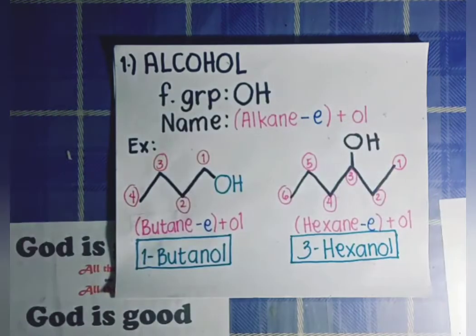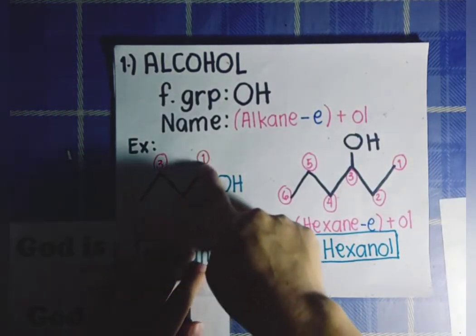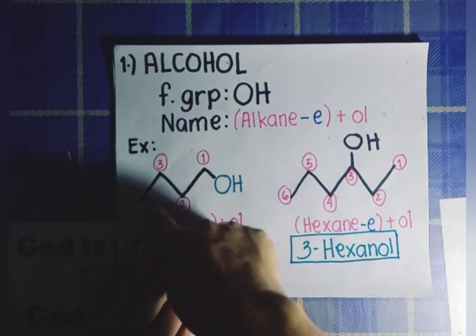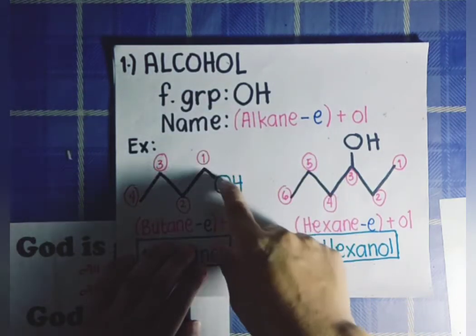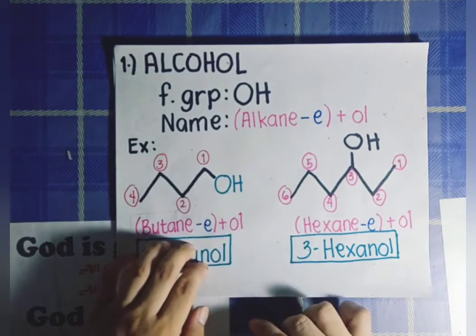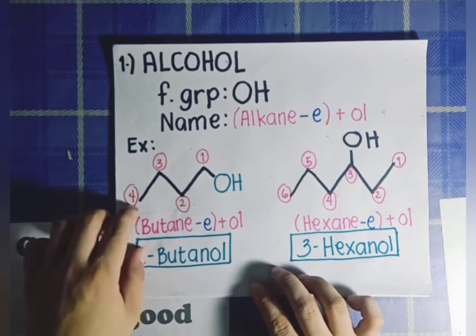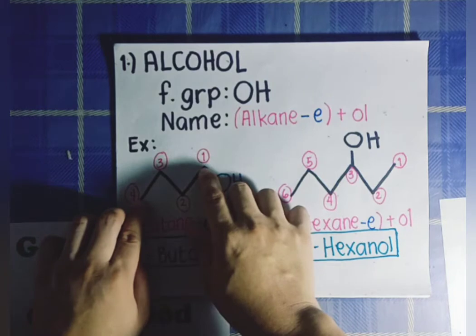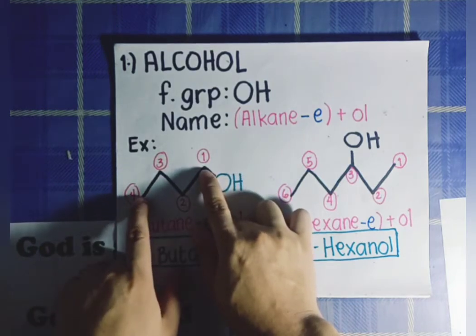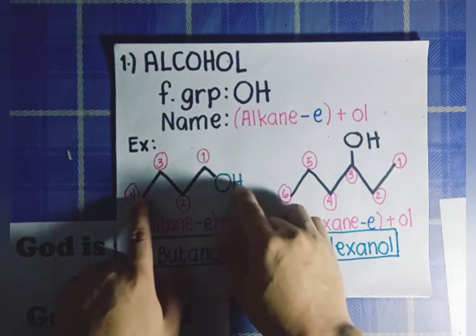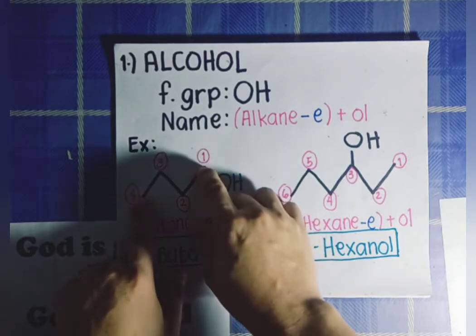Let's give here an example. Let's have here this one. Obviously, this molecule is an alcohol because of the existence of OH. So therefore, this one is an alcohol. Now, our terminal sides here are this carbon atom and this carbon atom. These corners are our terminal sides. Now, between these two, which one is nearest to the OH or to our functional group? Obviously, that's this side.